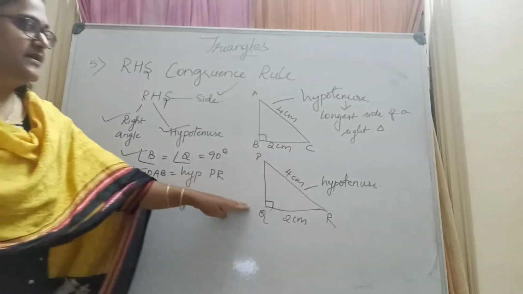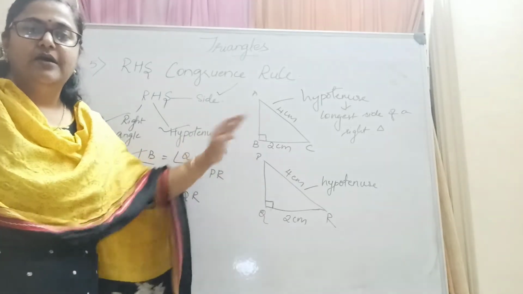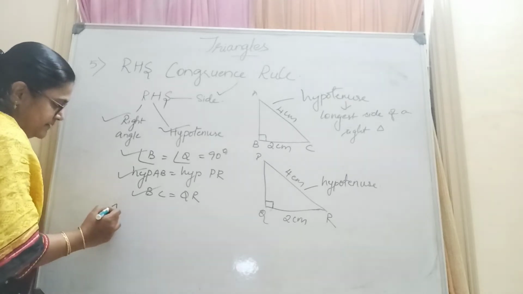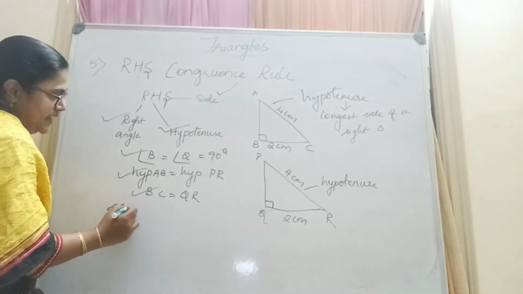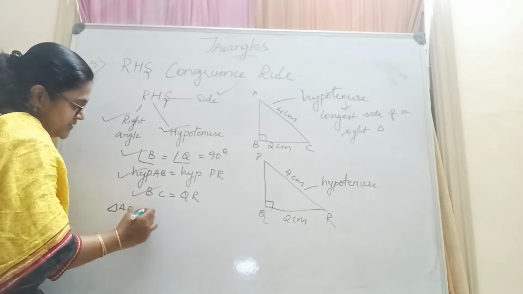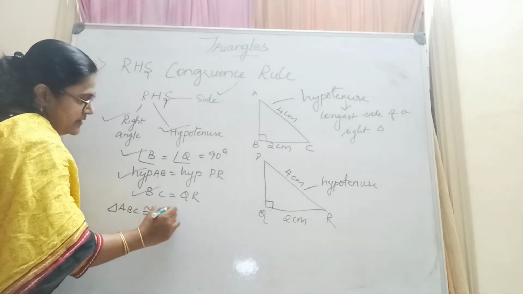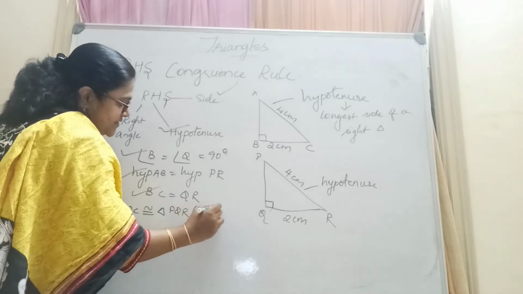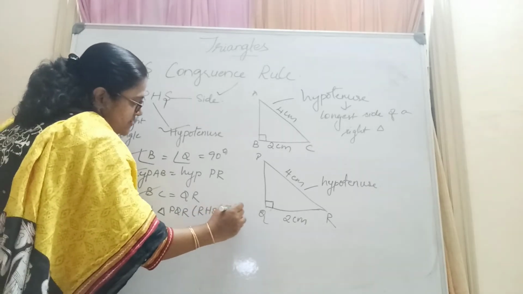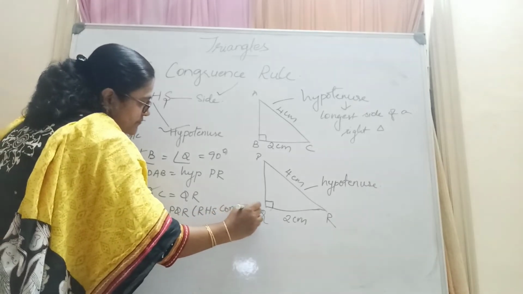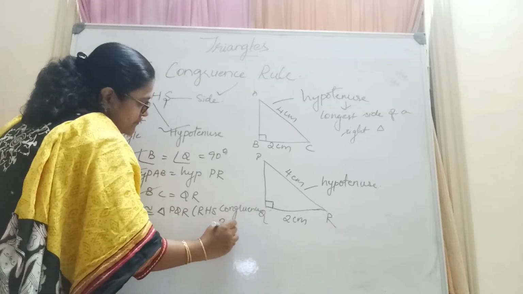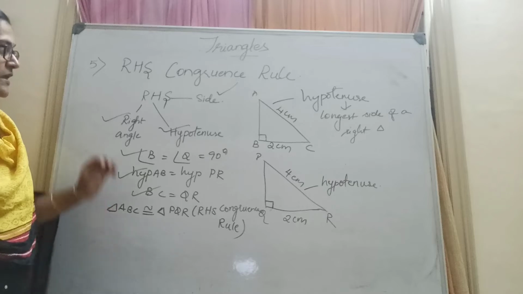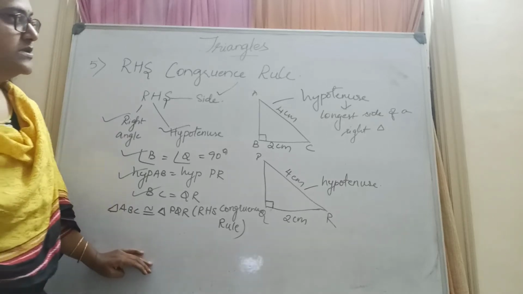So by RHS congruence, both the triangles are congruent to each other. So I can write triangle ABC is congruent to triangle PQR by RHS congruence rule. Okay, so this is the RHS congruence rule.